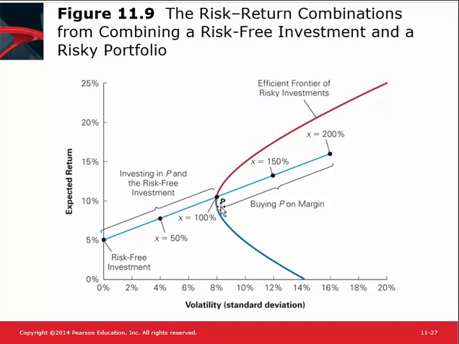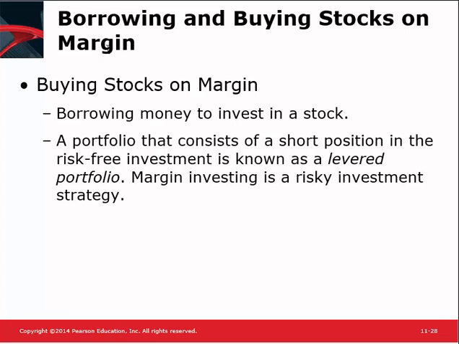So the question ultimately is going to come about, well, wait a minute, where is the efficient frontier for these new choices? So let's move on. If you're buying stocks on margin, again, we're borrowing money to invest in a stock, right? A portfolio that has a short position in the risk-free asset is going to be referred to as a levered portfolio.